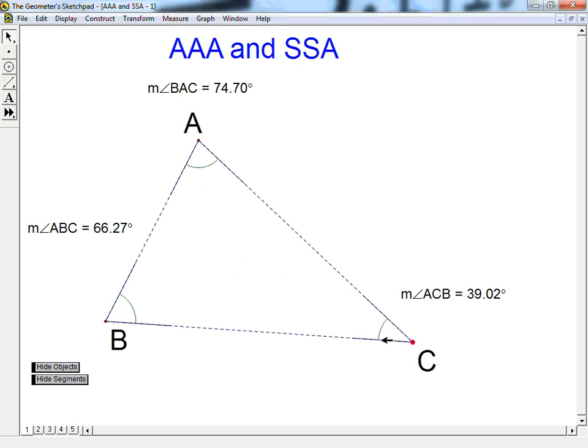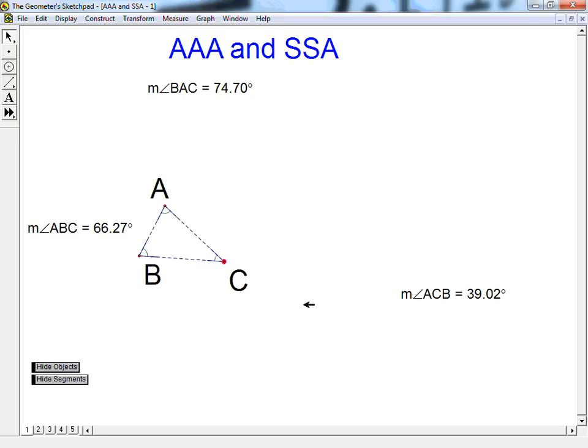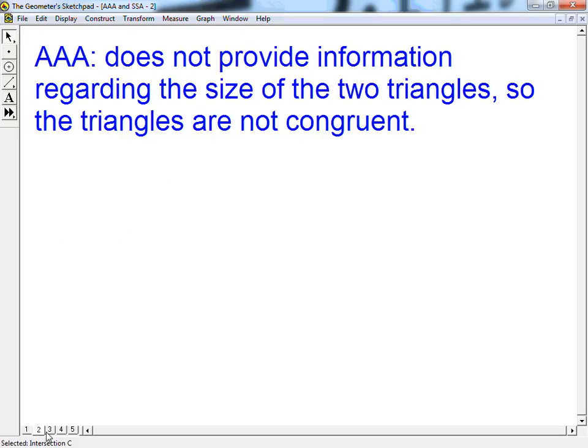Now my question to you is, can I have two different triangles with the same angles? Yeah, we see a big triangle there, and we see a small triangle there. They're different, but they have the same angles. So let's formalize this a little.